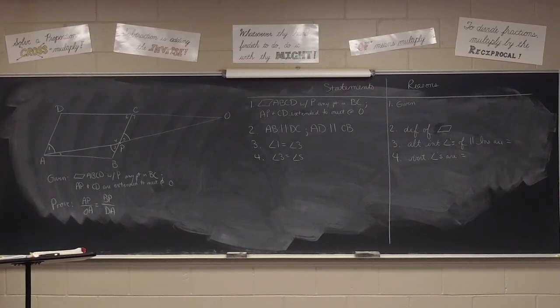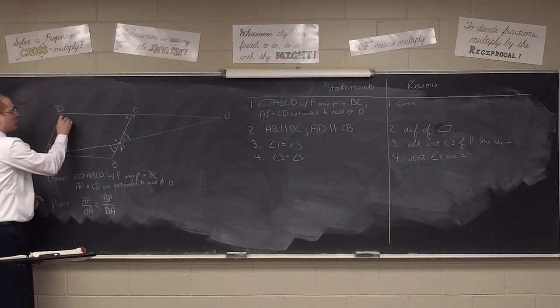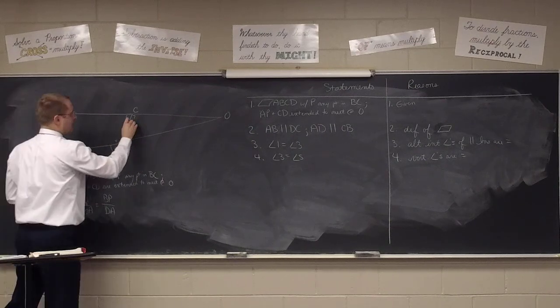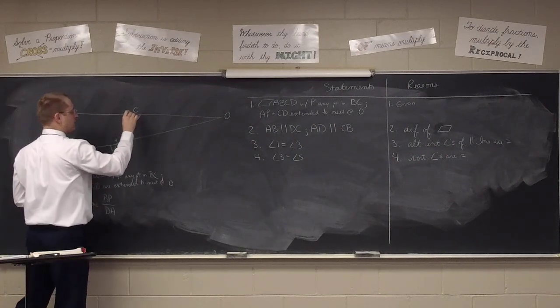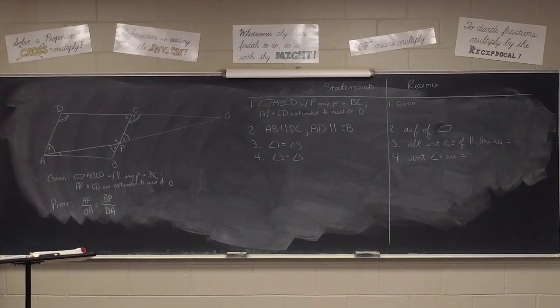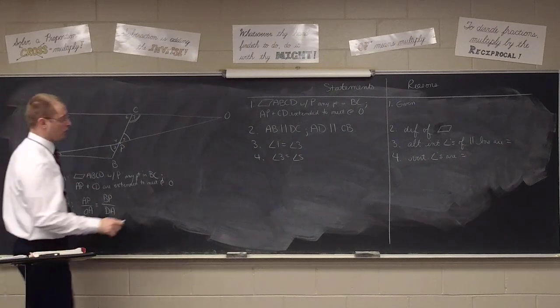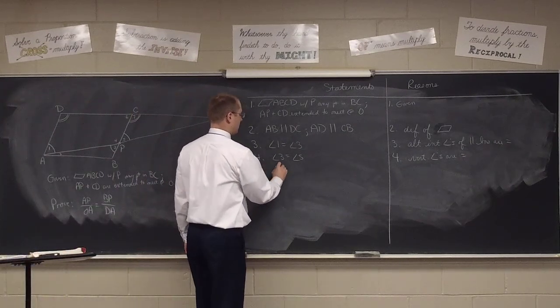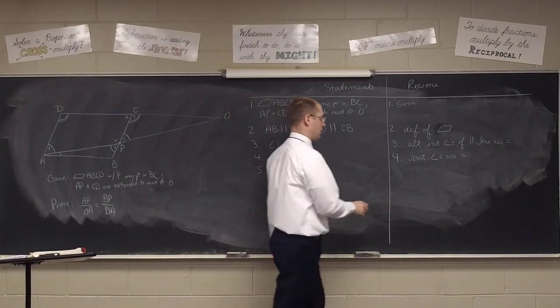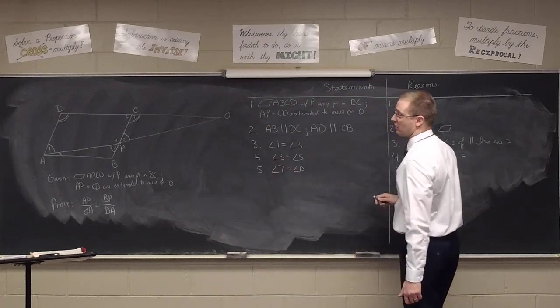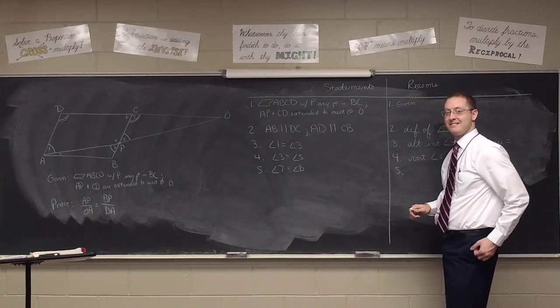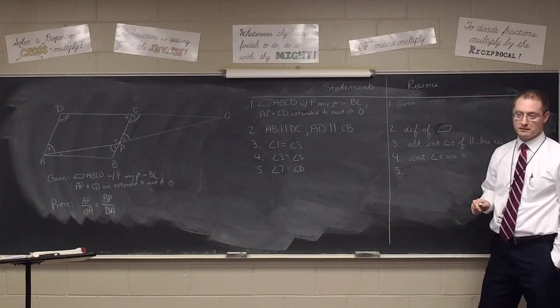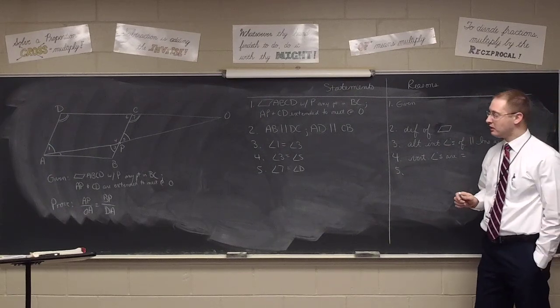Would 7 equal D? Okay, so you're saying that D here and 7 here would be equal. Let's give someone else a chance to talk here. Audrey, he's right, why would 7 and D have to be equal? Quentin, help her.